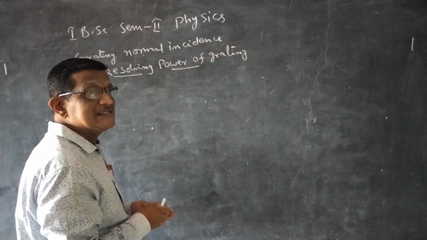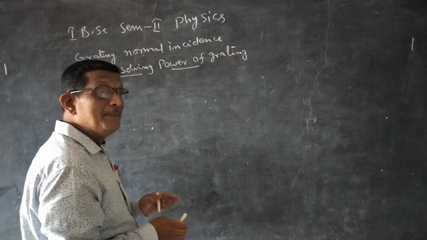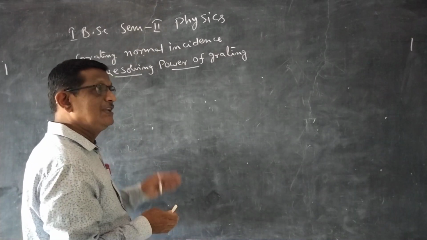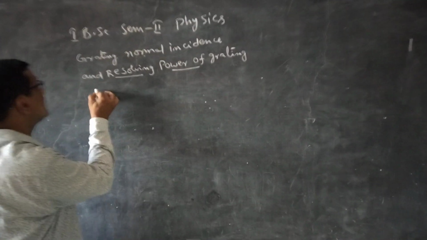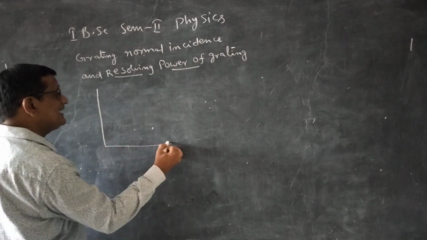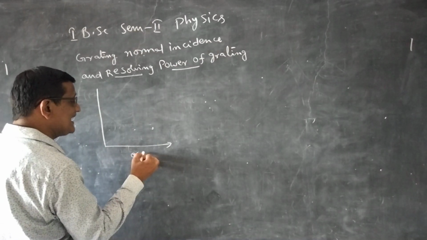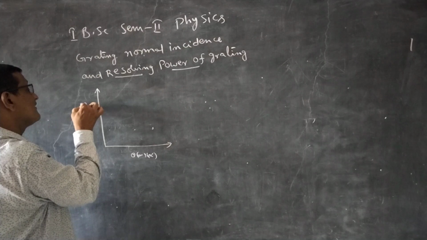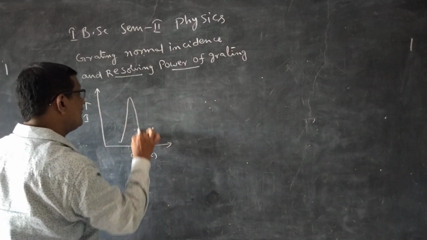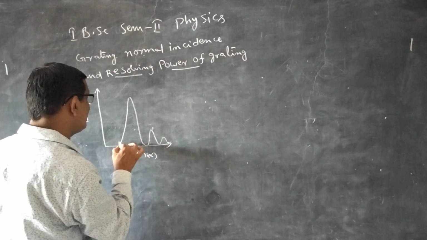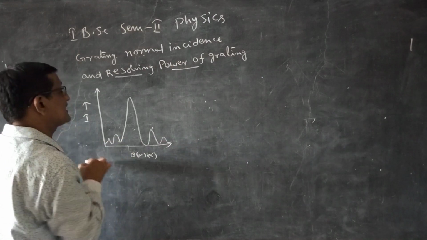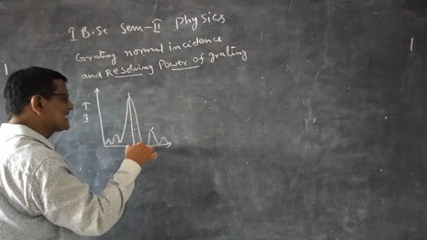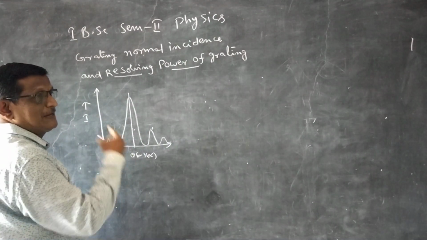In the case of resolving power of a grating, the basic principle is this. We know that in the case of single slit, suppose theta or alpha is taken on the x-axis and intensity on the y-axis, we get a graph like this. This is single slit diffraction. Here this is the principal maximum.